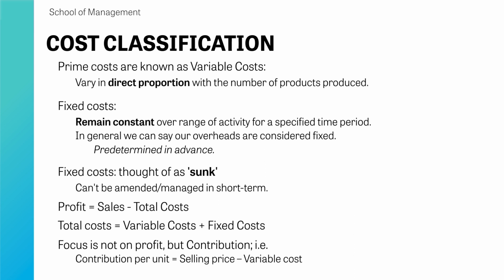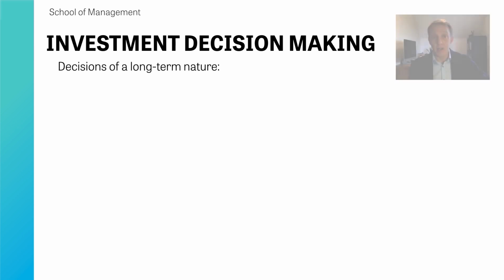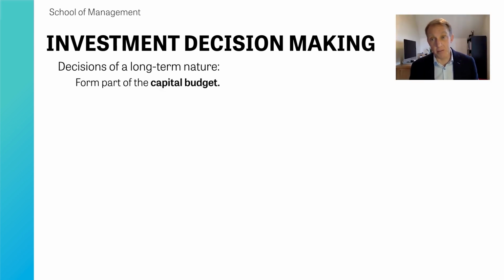And we use that to undertake an analysis of how we can overcome short-term disruptions facing an organization, to maximize our profitability and value creation, and how we can try and meet our strategic objectives. Now, within investment making, because this is going to be an investment, it does form part of your capital budget.